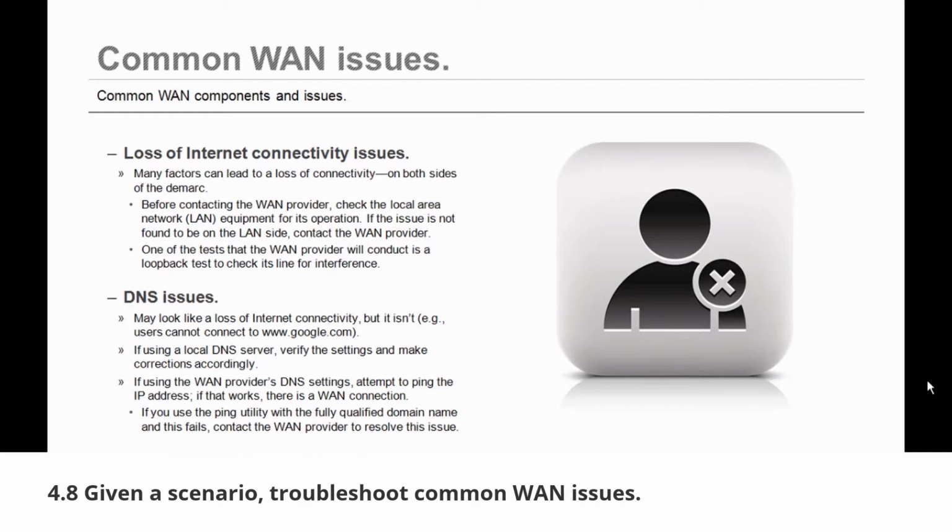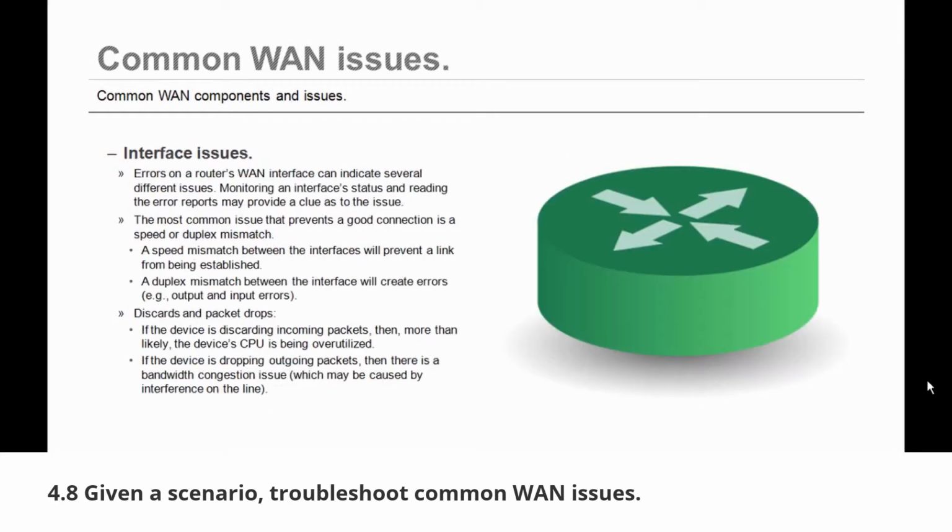If the network is using the WAN provider's DNS settings, attempt to ping the IP address. If that works, there is a WAN connection. If you then use the ping utility with the fully qualified domain name and this fails, then contact the WAN provider to resolve their DNS issue.